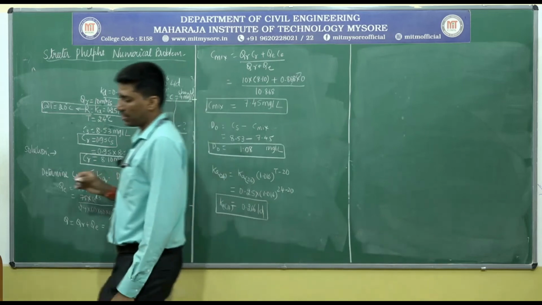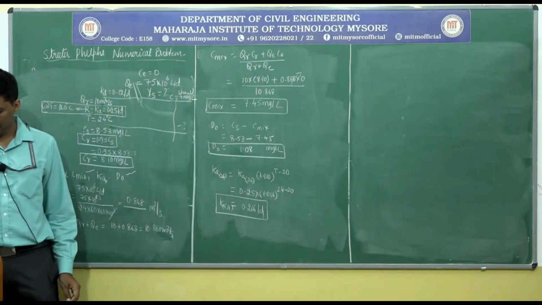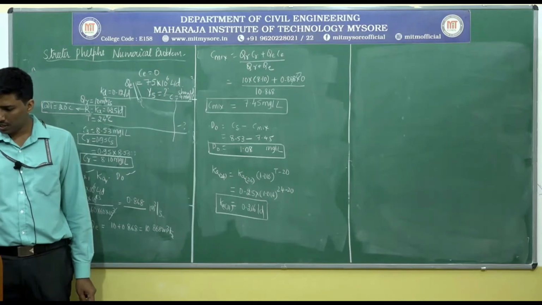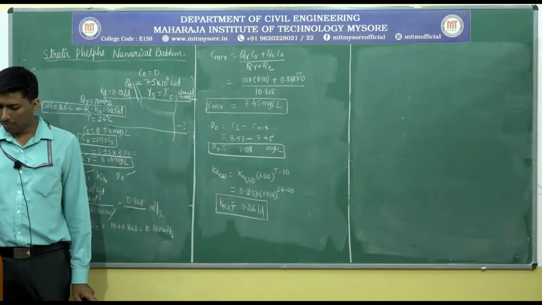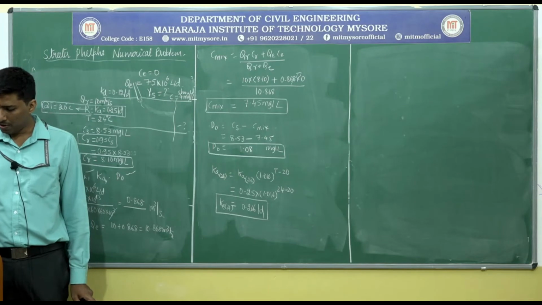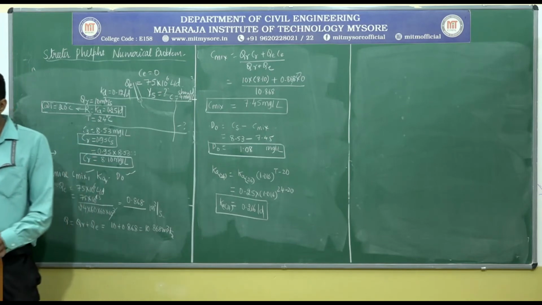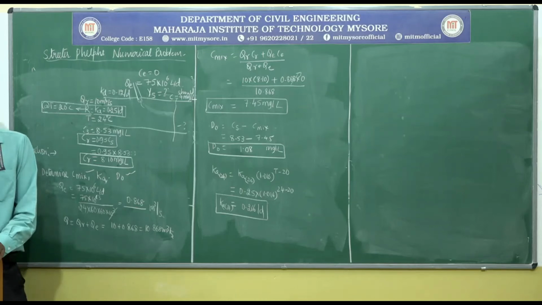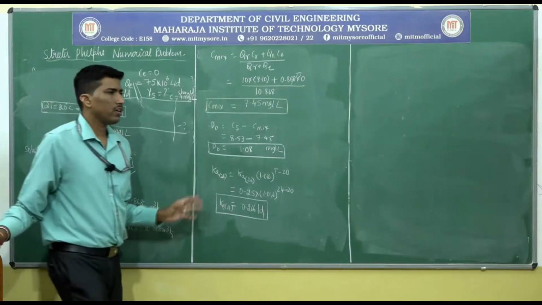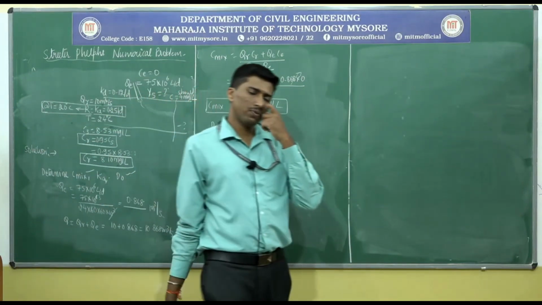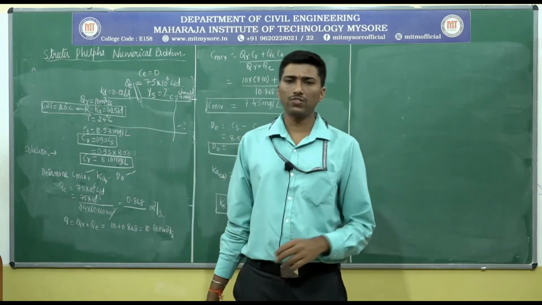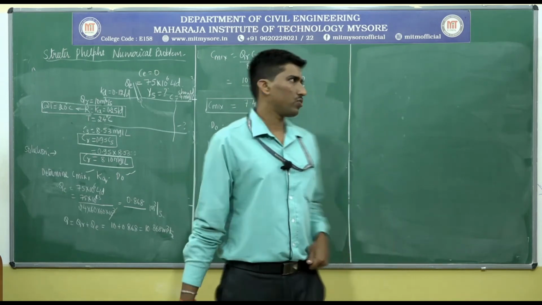Here you need to see that maximum allowable first stage BOD concentration they are asking. So, what is the maximum allowable BOD concentration? Important thing, BOD they have not given, but it is present. How to determine it? We need to make use of the formulas by using the trial and error method.